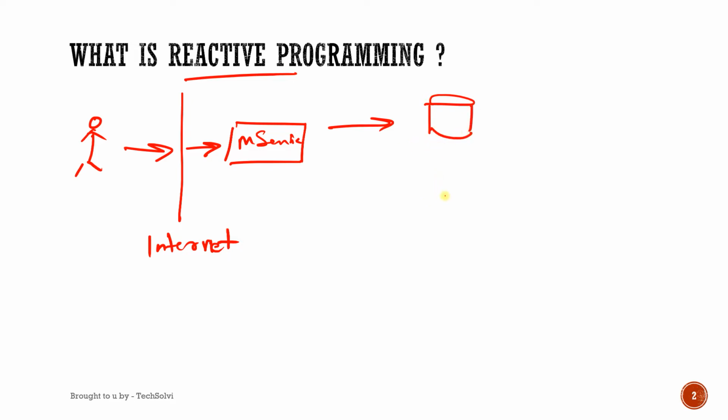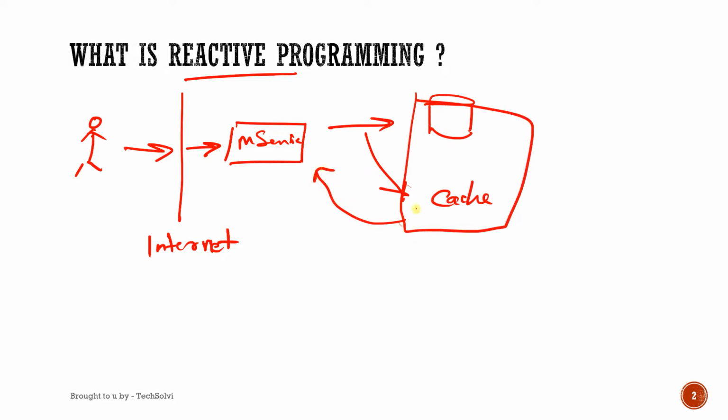The data is returned, the microservice processes it, and after processing it sends an output to the user. This is a very general flow for any request sent by the client to the backend.